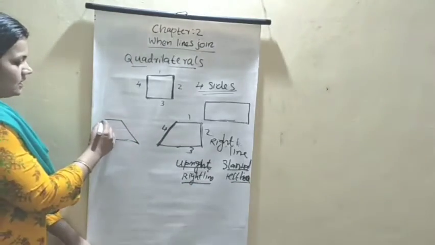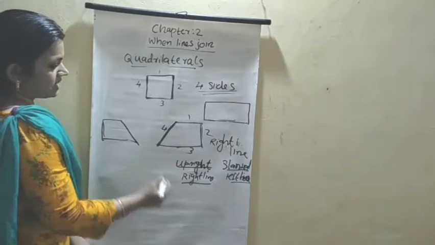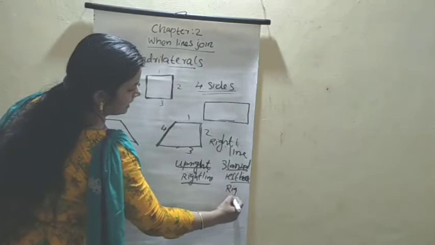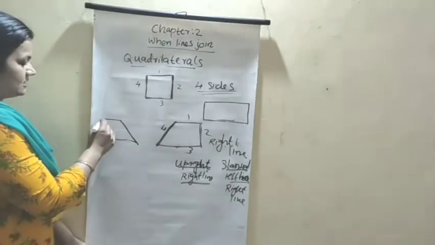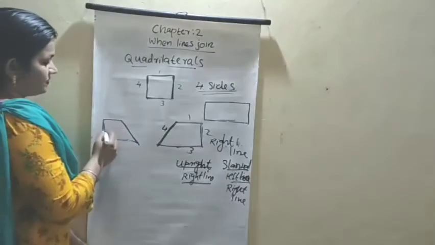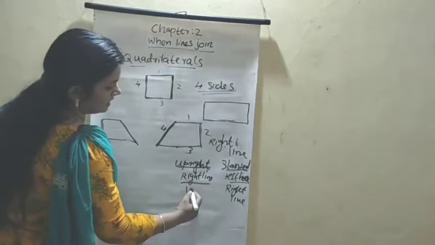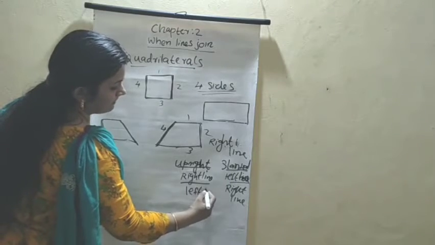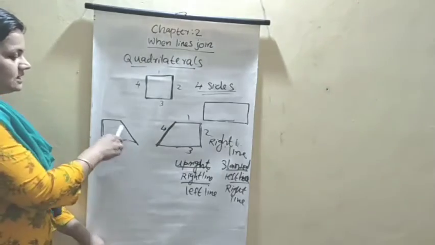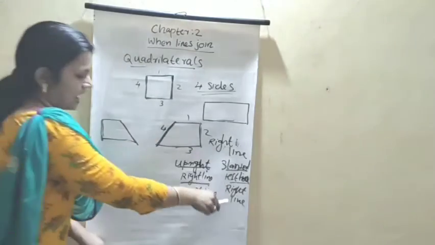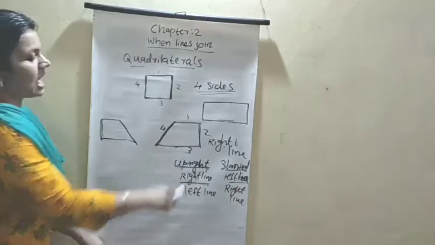And look at this figure. Right line is slanted. What about the left side? Left side is a straight line, straight up.